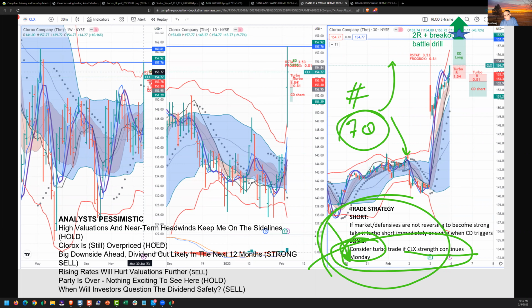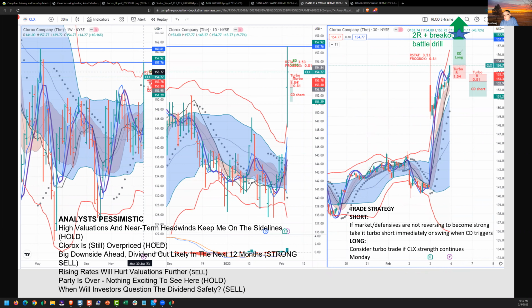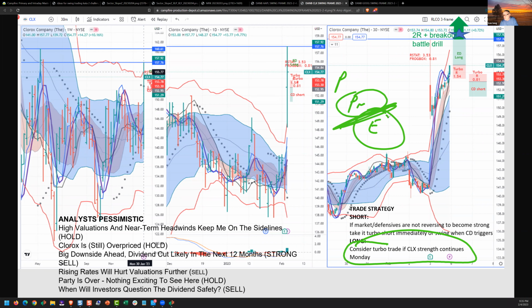You've done all your thinking. You're ready to execute when the market is open. Plan, prepare, execute. This is a plan, but it's not prepared. So if you were going to trade that on Monday, you had better get some prep work done, or you're not going to be ready to execute.